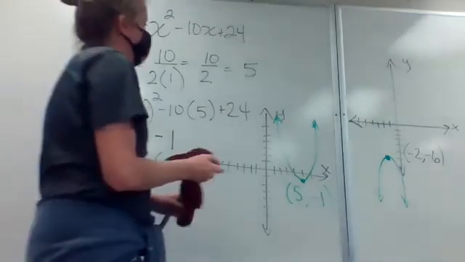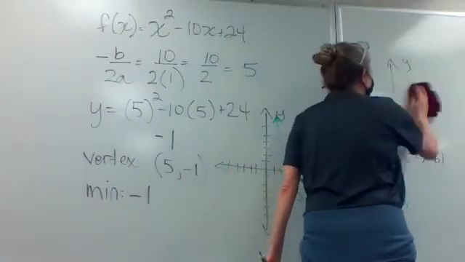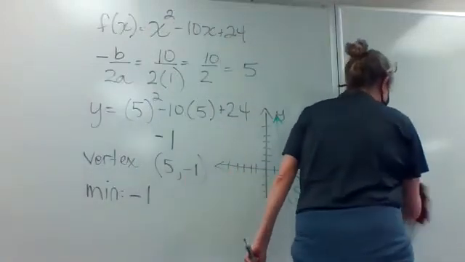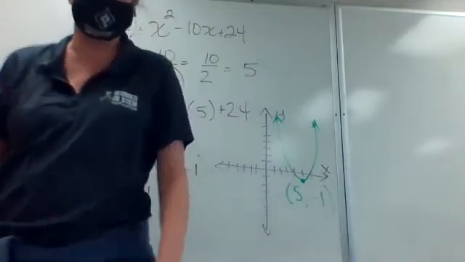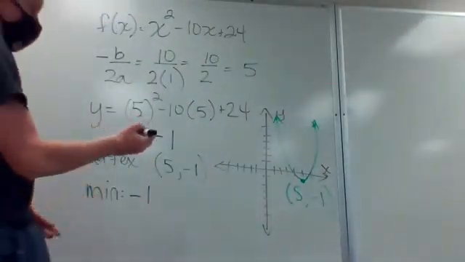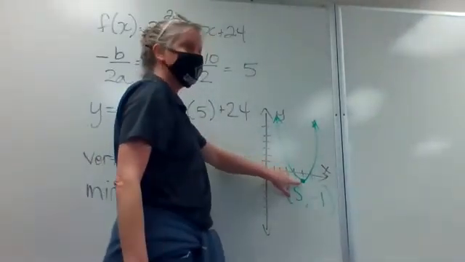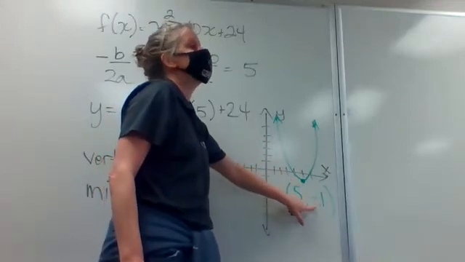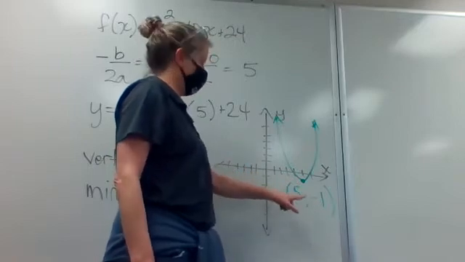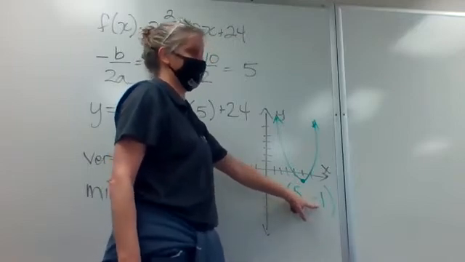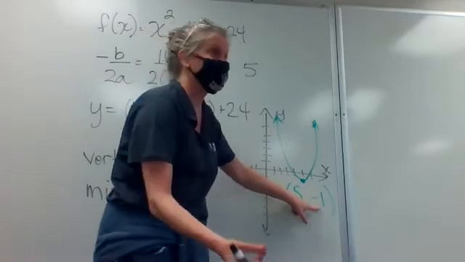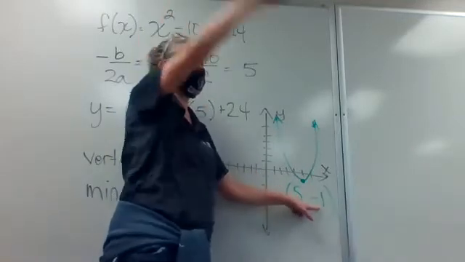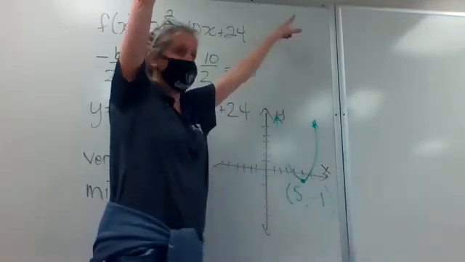So it wants us to talk about what the range is for this parabola in interval notation. So isn't it bracket infinity, comma -1? Wait, is this the maximum or the minimum? That's the minimum. So that's where it starts and goes to infinity.